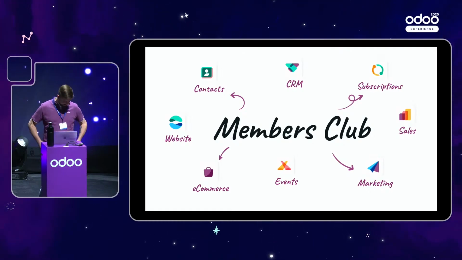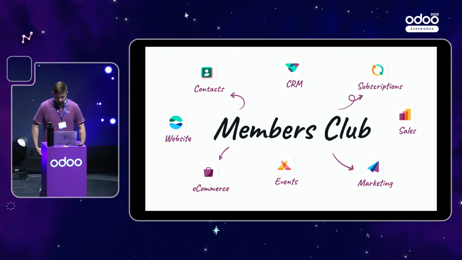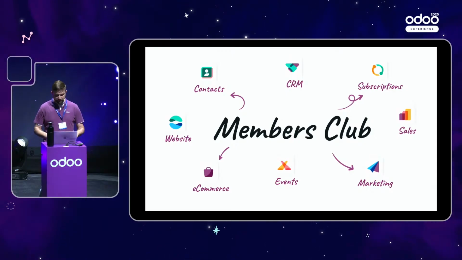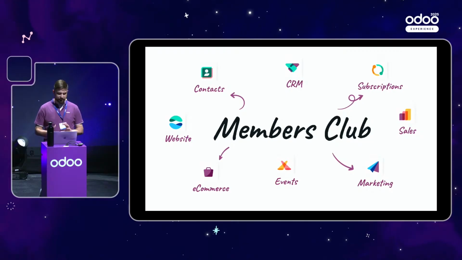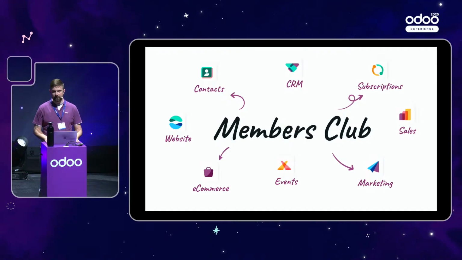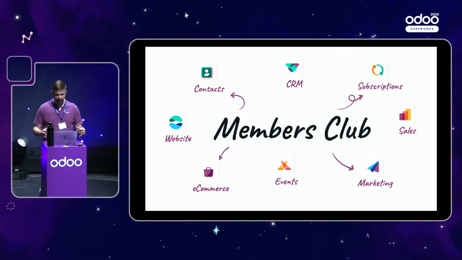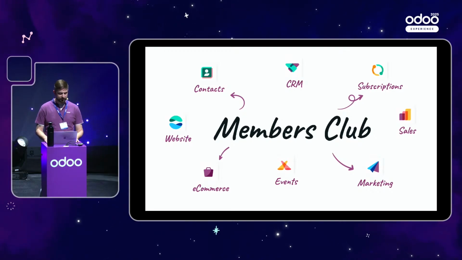The members club industry has been developed to manage regular business clubs and other affiliations like that. So it's a very simple use case of a member industry, but it can be extended to a lot of different industries.